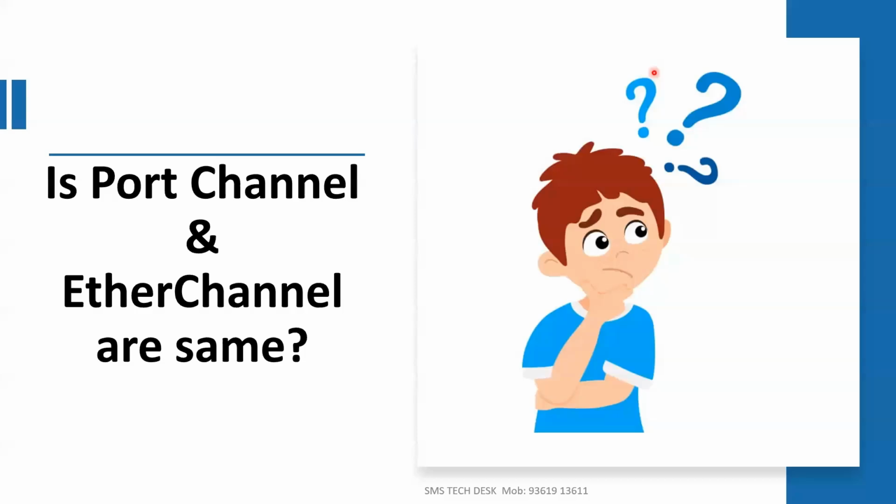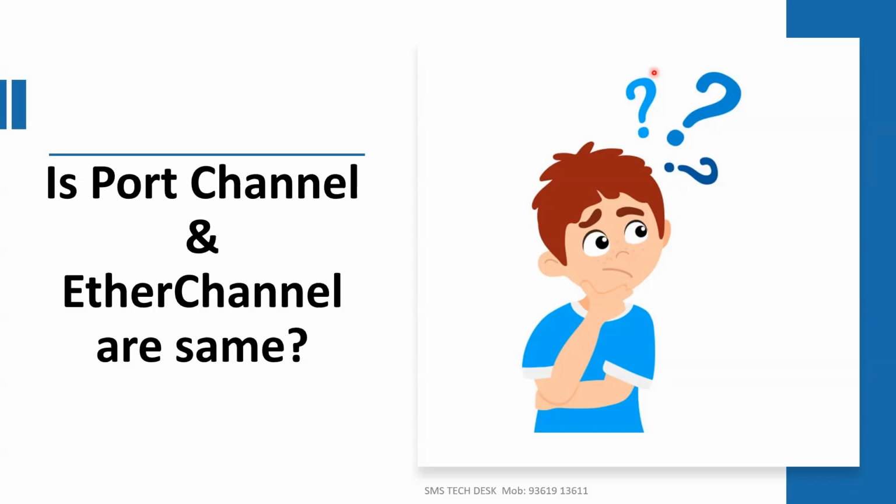Before we close for today, let's understand one more thing: port channel and ether channel. When we work with the network team, sometimes they will say this is a port channel, which means combining two ports to act as a single port logically. Sometimes people in the meeting will say ether channel.